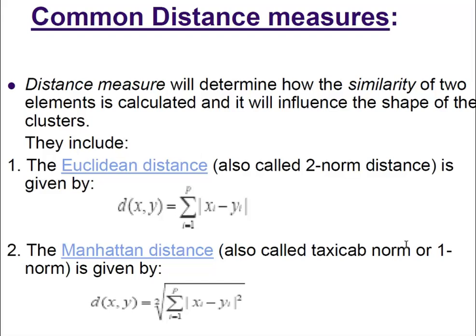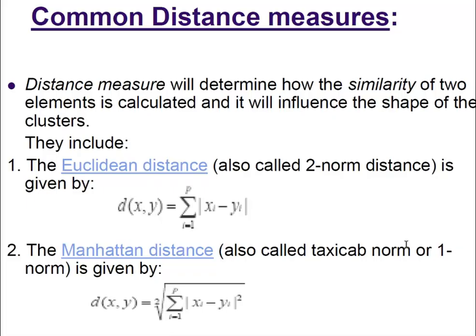In higher dimensions, it generalizes naturally by summing the squared differences across all dimensions and taking the square root. This is the distance measure used in most standard k-means implementations.